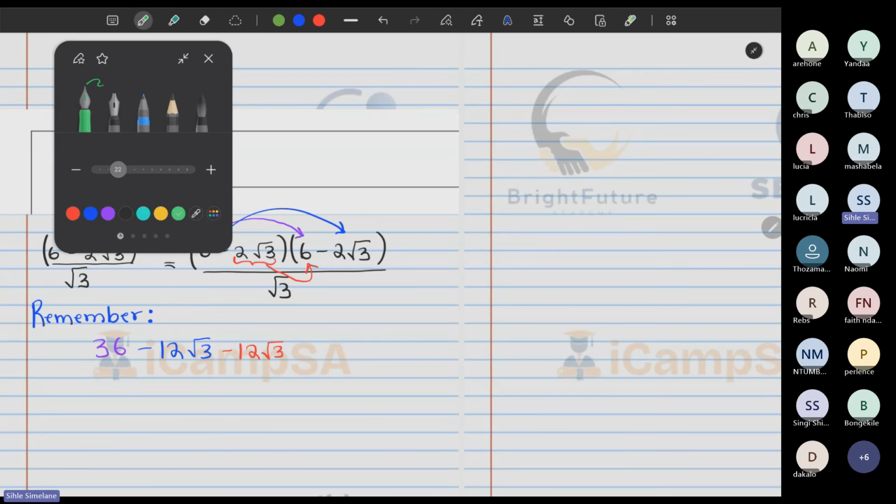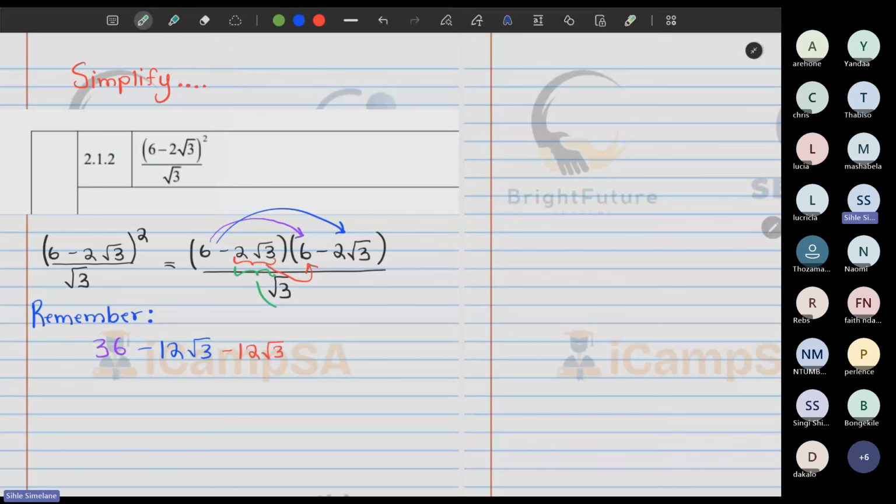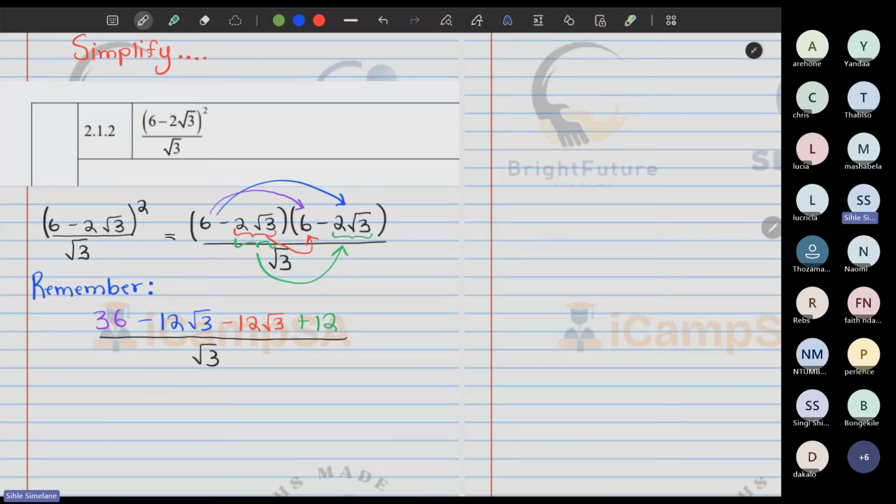So let's go for the green, guys. Any volunteer? What is the green going to be? Positive 12. Okay, so positive 12. So 2 times minus 2 times 2 is 4. Square root 3 and square root 3 give you 3. So that is correct. It becomes positive 12. And we are still dividing by square root of 3.